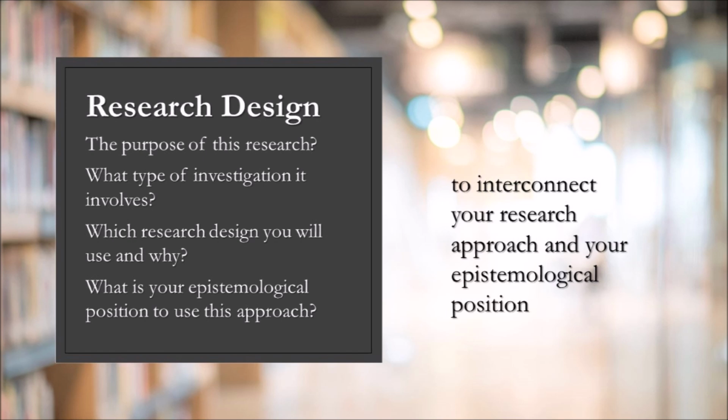Or maybe you are following a constructionist approach where you see knowledge as socially constructed and you need to unearth the meanings and the meaning making process. And there are several other ways to understand the knowledge that you want to research. Now, it is your job to interconnect your research approach and your epistemological position in this section. I hope if you read some chapters in a thesis, you will come to know about this section as well.